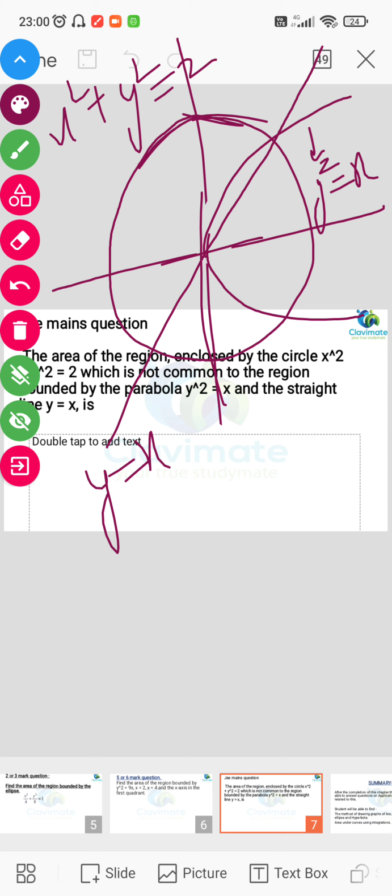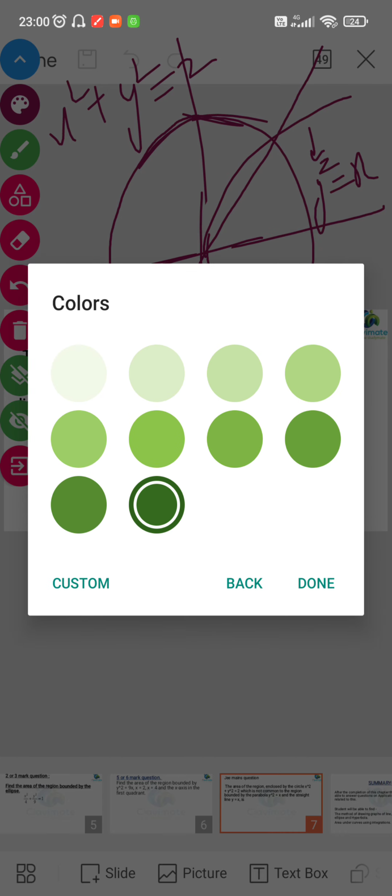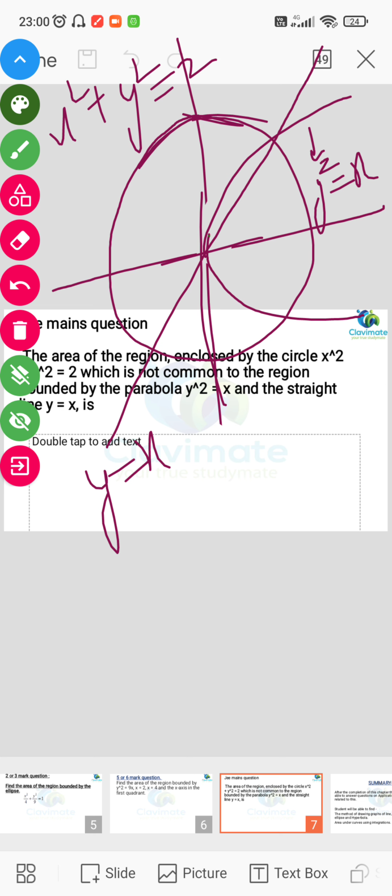And what we have to find? We have to find the area of the region which is not common to the region bounded by the parabola, the line y is equal to x, and the circle. So we have to find the area which is not common to this region.